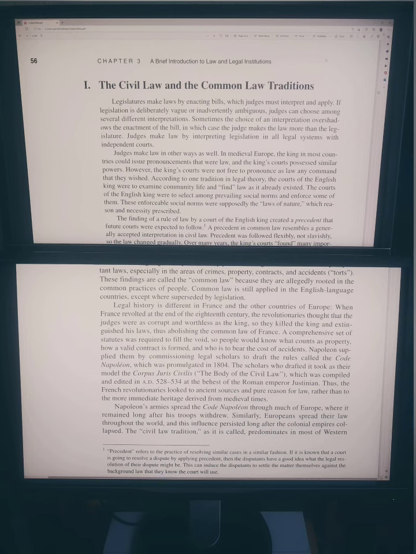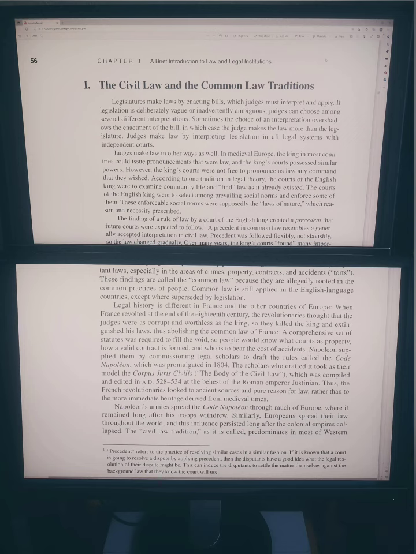Napoleon's armies spread the Code Napoleon through much of Europe, where it remained long after his troops withdrew. Similarly, Europeans spread their law throughout the world, and this influence persisted long after the colonial empires collapsed.